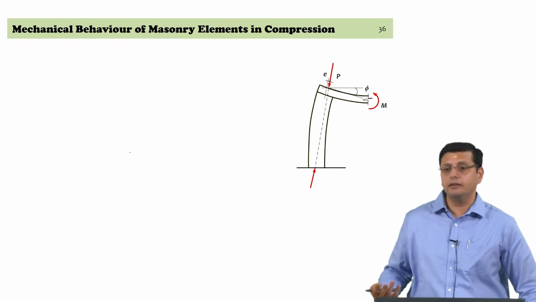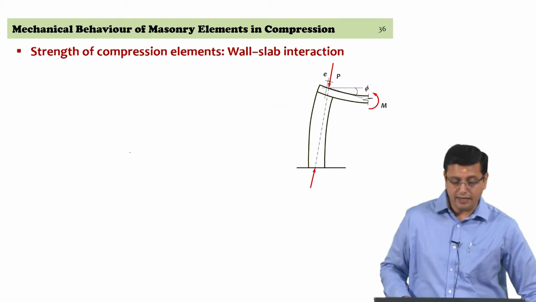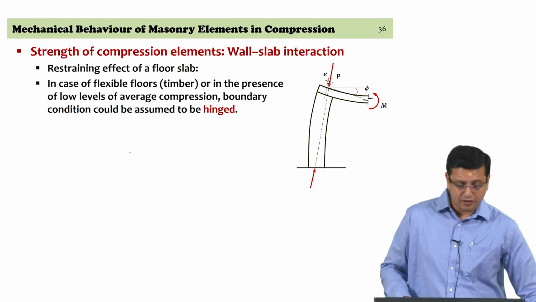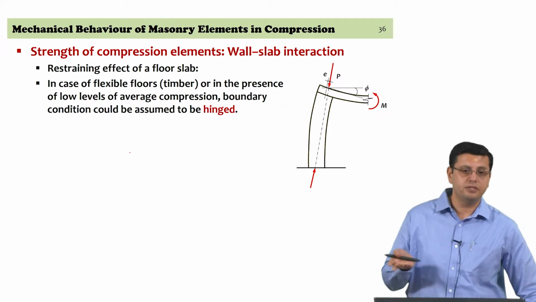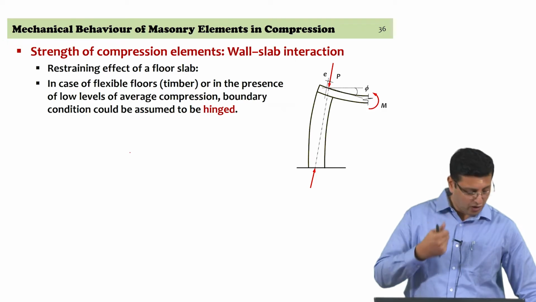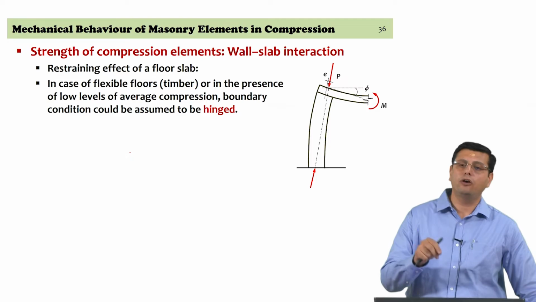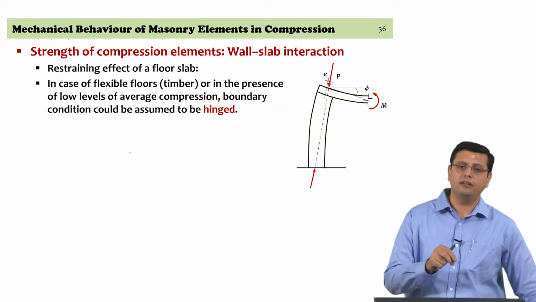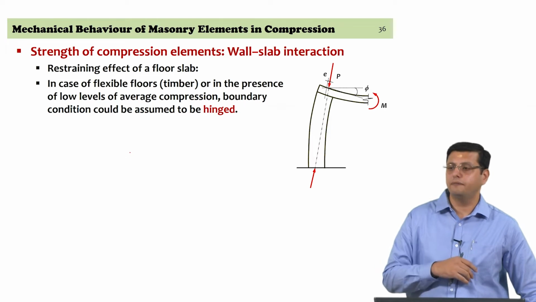If you have a flexible diaphragm, if you have a flexible floor, then the situation definitely changes. Let us look at if you have a timber floor, which is a flexible floor, or it could be the reinforced concrete slab that we examined earlier, but now let us say you do not have a bearing stress level of the order of 0.3 MPa, it is significantly low.